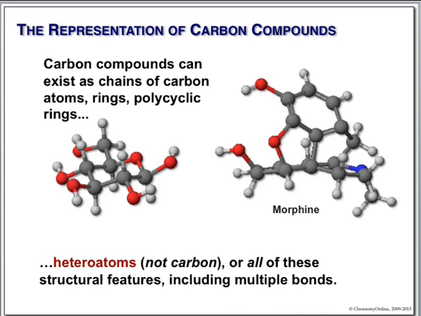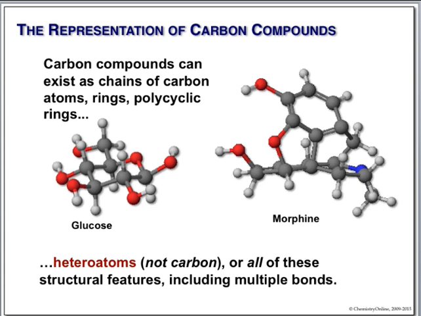We can also stick in what we call heteroatoms. Organic chemists tend to be very carbon-centric. So carbon is the normal, and anything else we will call a heteroatom, something else besides carbon. This is glucose.